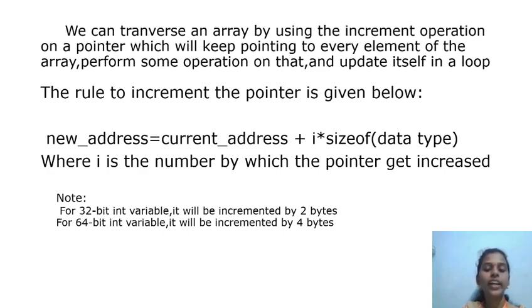The rule to increment the pointer is given below. New address equals current address plus i asterisk size of data type, where i is the number by which the pointer gets increased. Note, for a 32-bit integer variable, it will be incremented by 2 bytes.